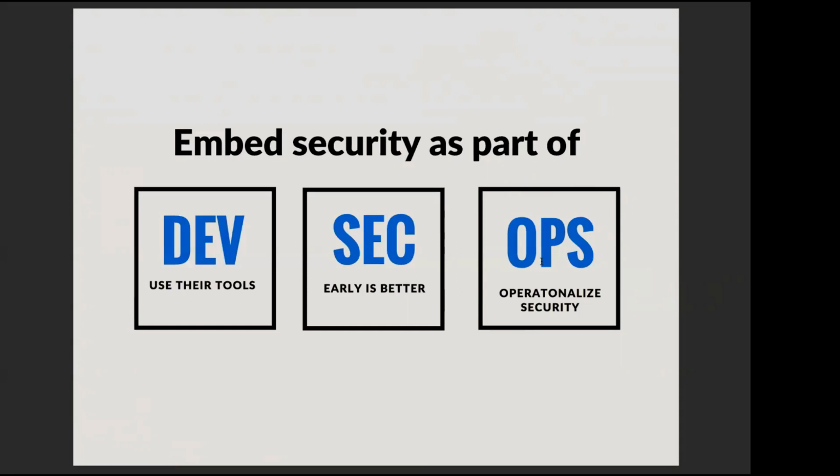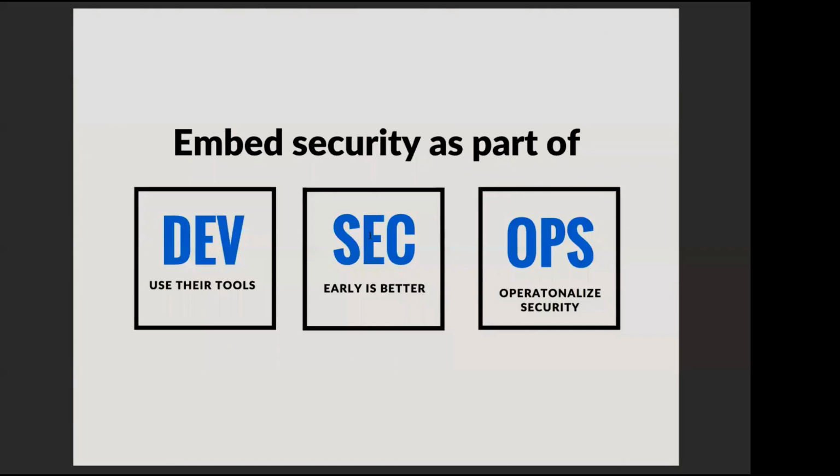Let's say, for example, I'm going to show you one tool which doesn't exactly fit into the development tools, but we'll still use it by having another wrapper on top of it to make it work, right? So use that, and the earlier the security, the better.